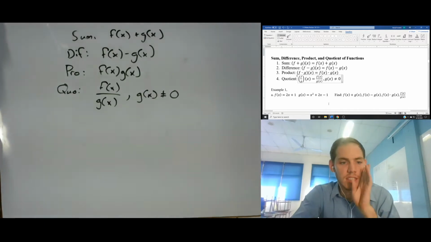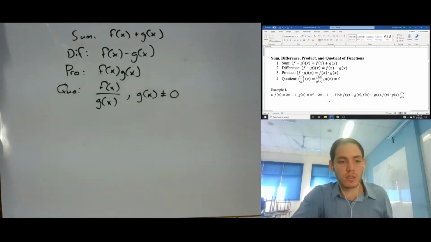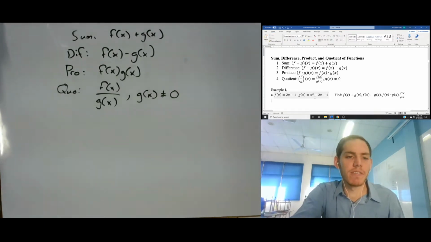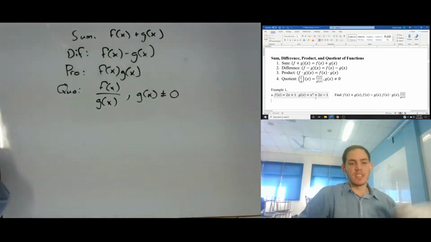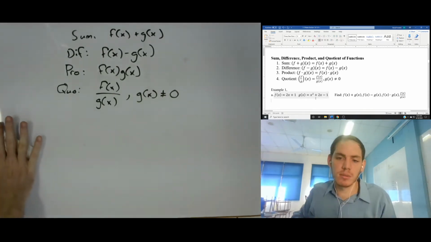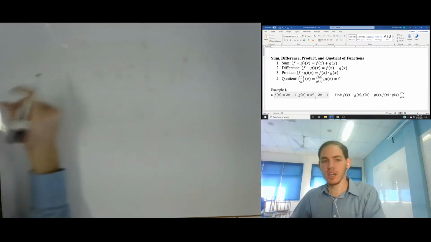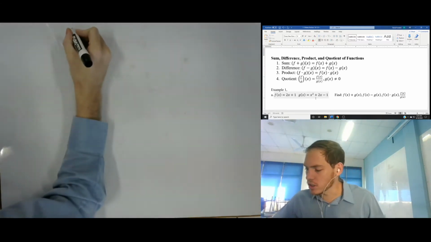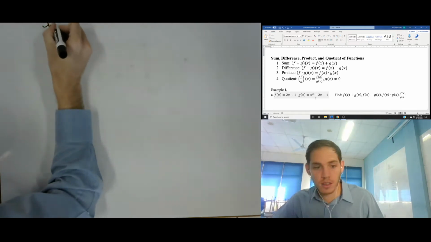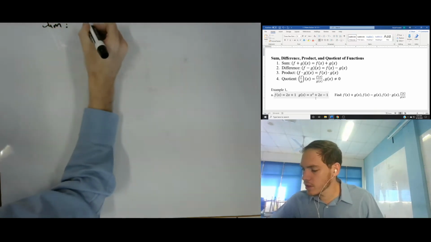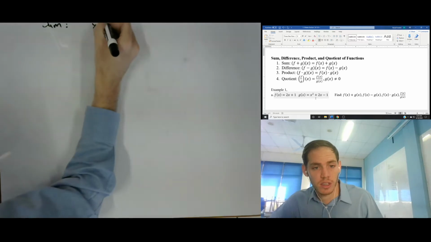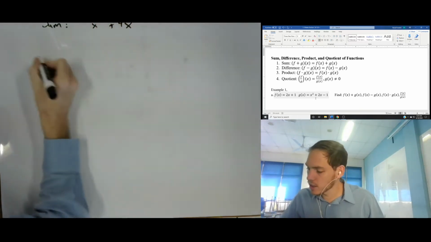Let's look at some examples. We'll go through this quickly. With f of x and g of x, we're going to add, subtract, multiply, and divide. I'm going to go through this quickly. The sum is going to be x squared plus 4x.